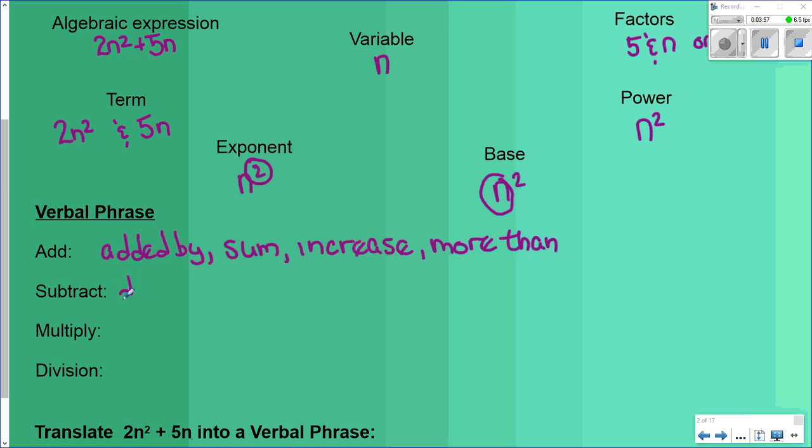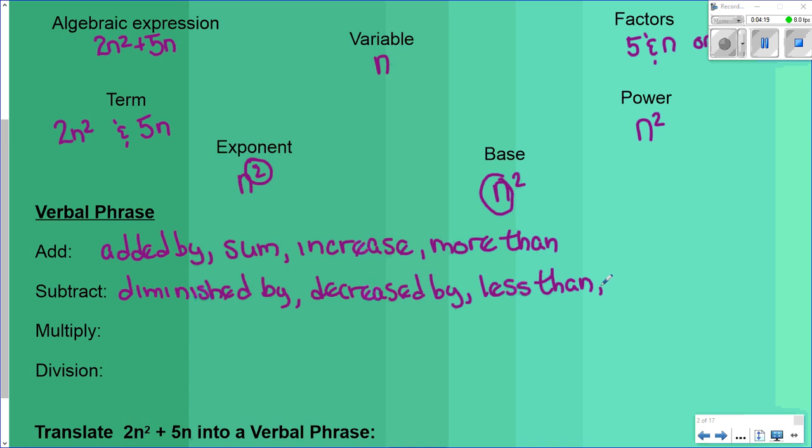For subtract, we had diminished, diminished by, decreased by. We also had less than. That's when you're going to switch the 2 terms. Less than. And I know there's others. I can't even think of them off the top of my head. But those are the ones that you usually see. And of course, you can use subtracted by, other stuff like that.